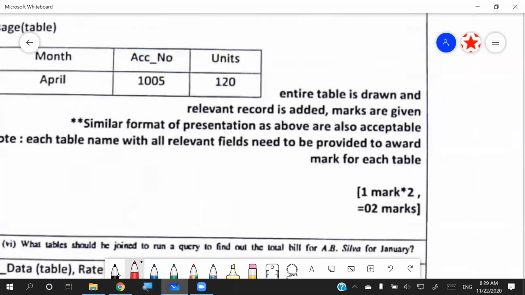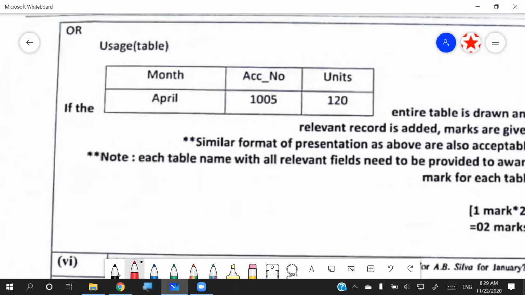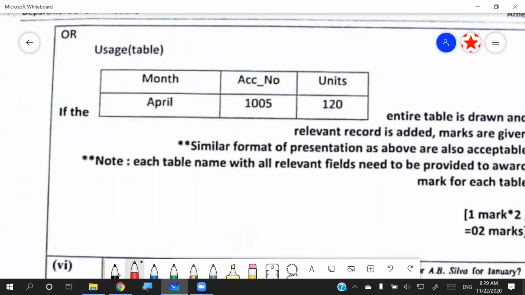Yeah, 2 marks again. So you are going to have 4 marks for that part: 2 marks for the customer table and 2 marks for the usage table.